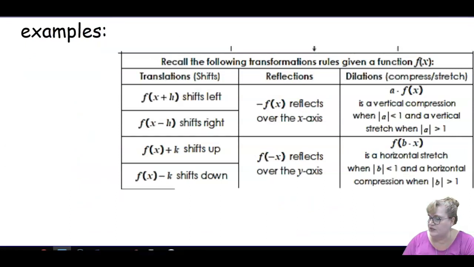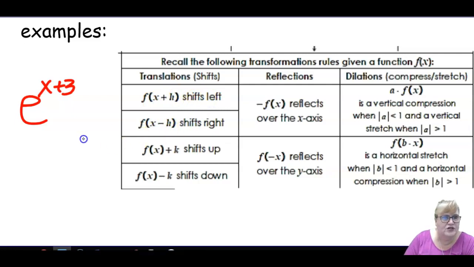Now, these are about transformations of these graphs. Anything we do inside with the x, like e to the x plus 3, would be a shift left, okay? If we had a shift right, it would be like 3 times 2 to the x minus 5.